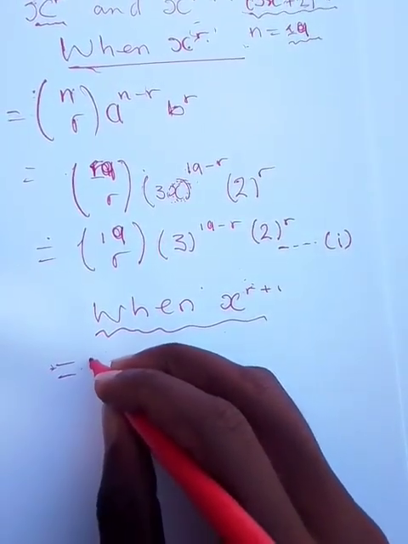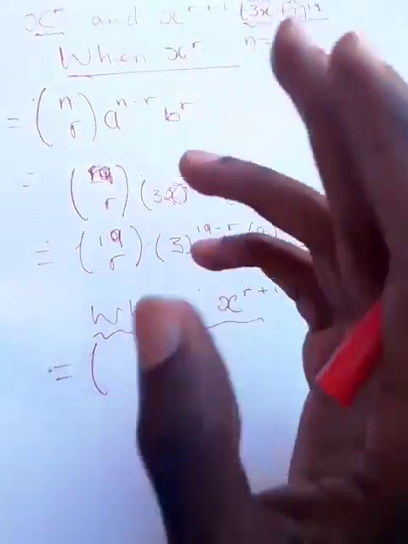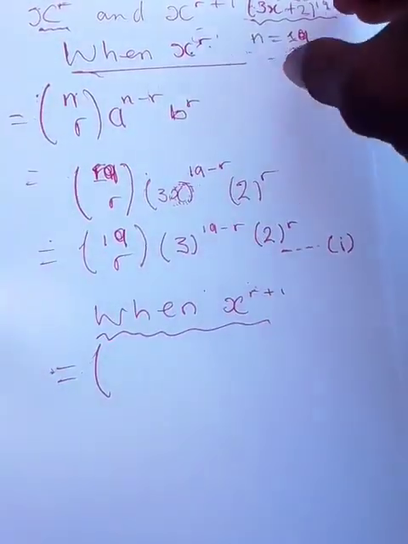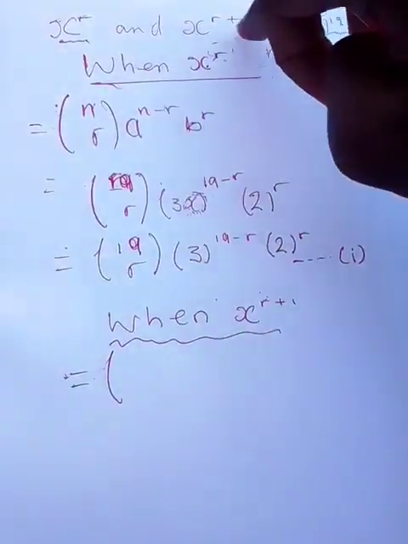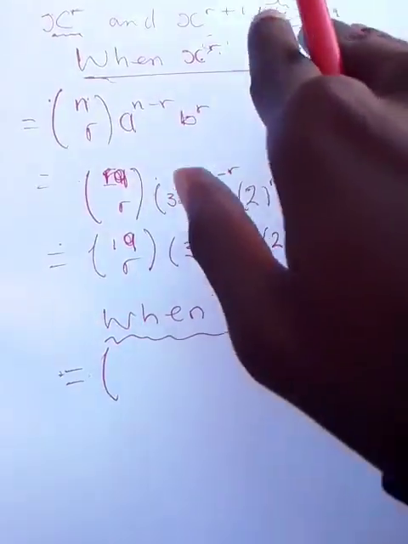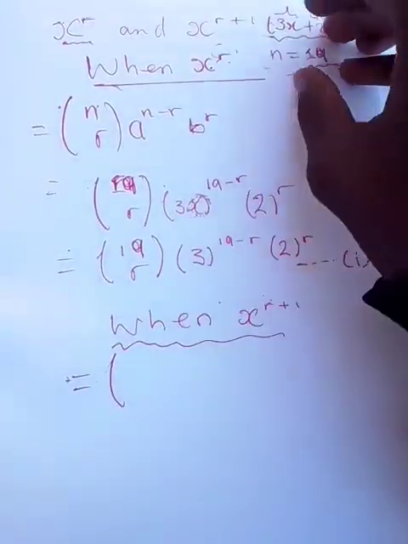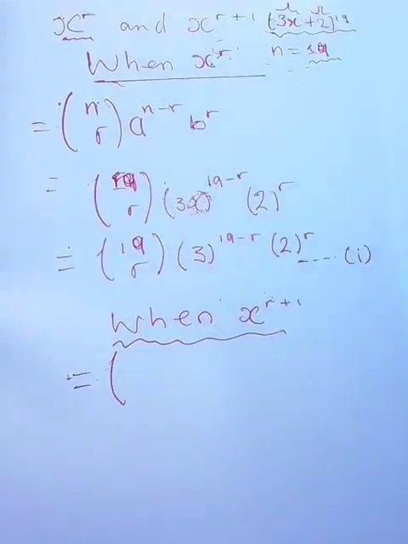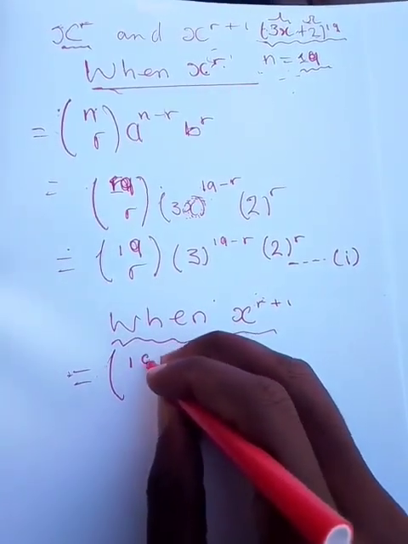So n will still be maintained, because we are just dealing with a single binomial, unless they give us, no, for this one use this binomial, for this one use the other binomial. But since they have only given one, they are saying in the expansion of this one we'll be just using the same thing here. Okay, so where this n is, I'll put 19.